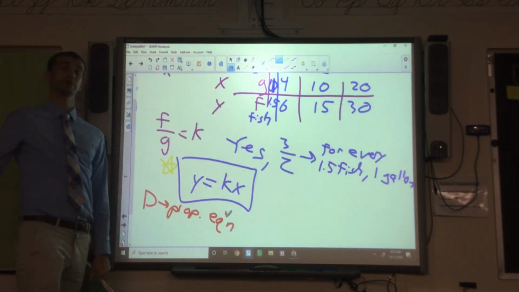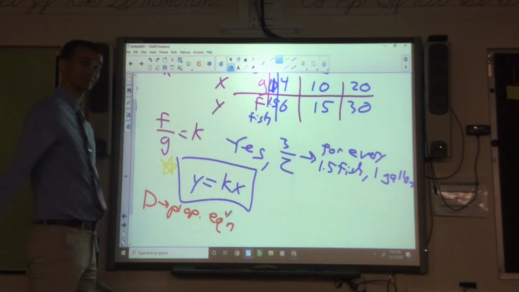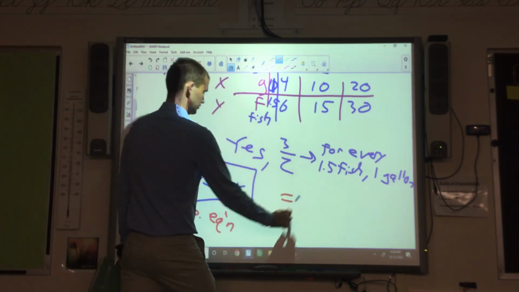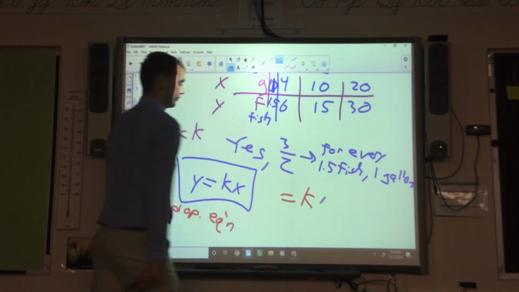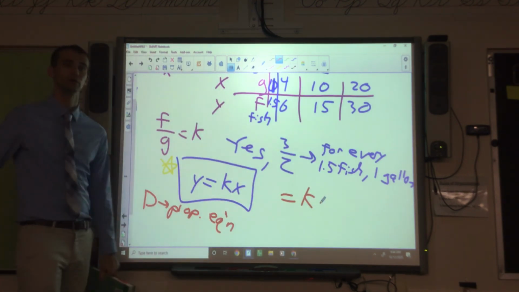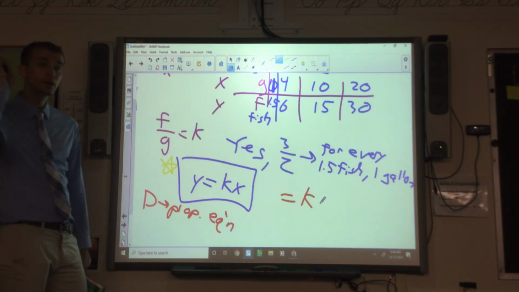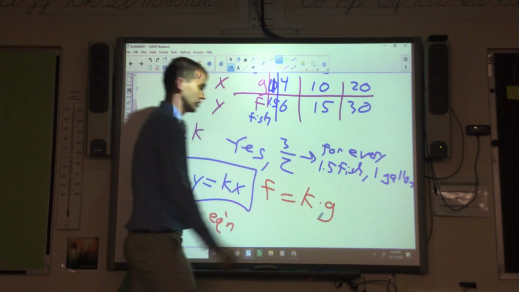That's what they're looking for whenever they ask for a direct proportion equation. y equals kx. Well, instead of y equals kx, here we have what? Something equals k what? Where do the f and g go? F equals k times g. Yep, f equals k times g.